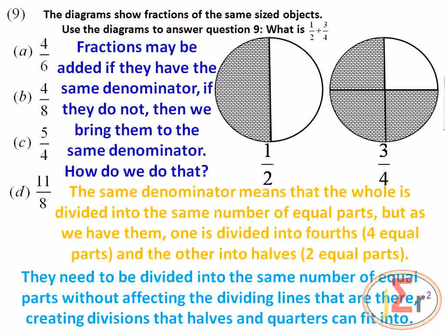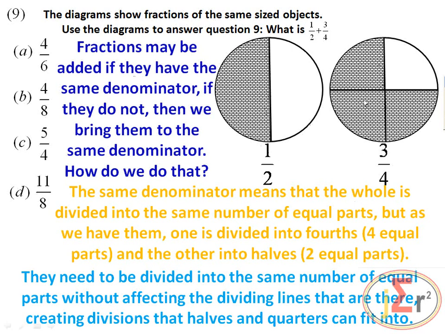They need to be divided into the same number of equal parts without affecting the dividing lines that are there, creating divisions that halves and quarters can fit into. So what we will do here, we will create divisions that the halves and the quarters can fit into without affecting the divisions that are already there. If we can do that, then we can solve the problem.